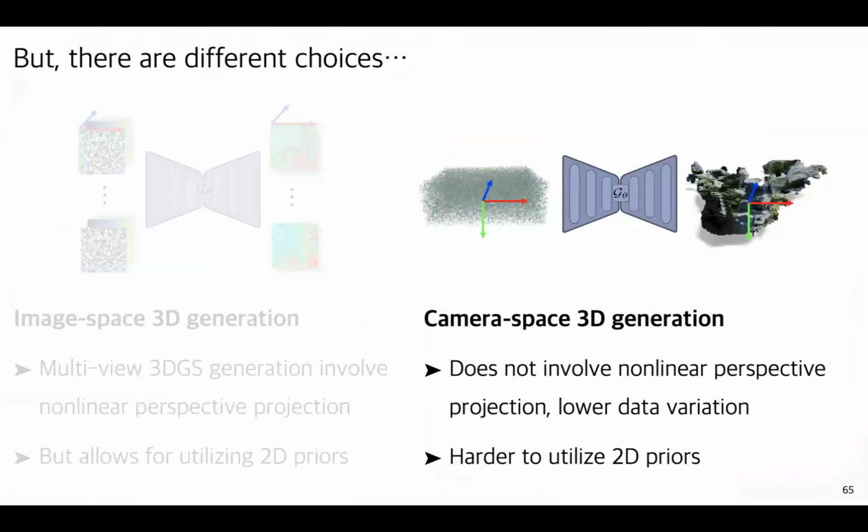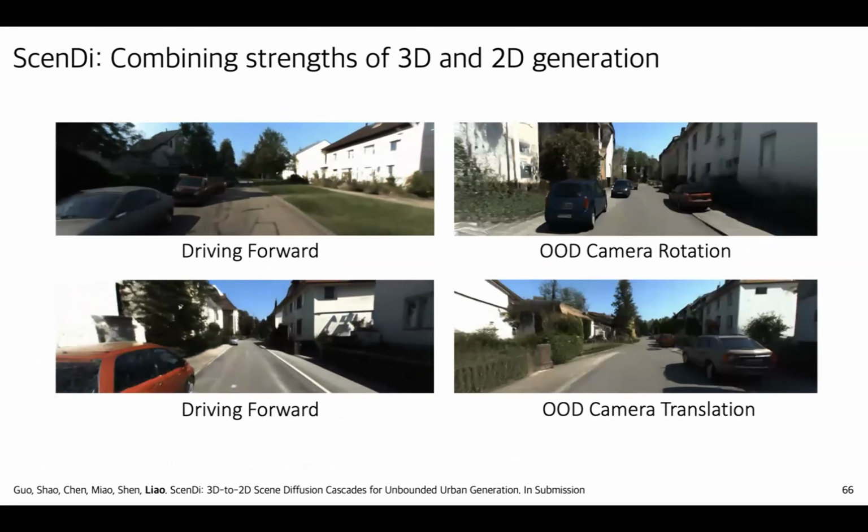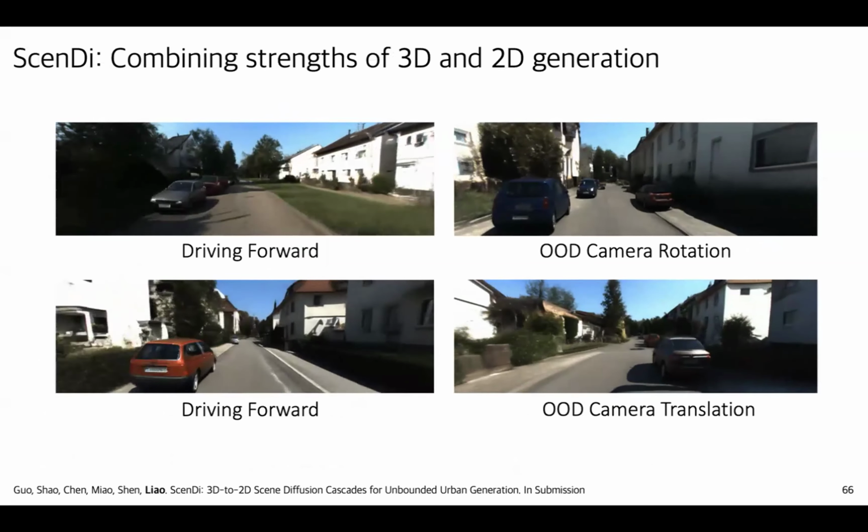And that's why we also tried the other choice for this camera space 3D generation, where we normalized everything with respect to the camera pose, but we stay in the 3D space. And here, this is also one of our very recent works which is not on arXiv yet.